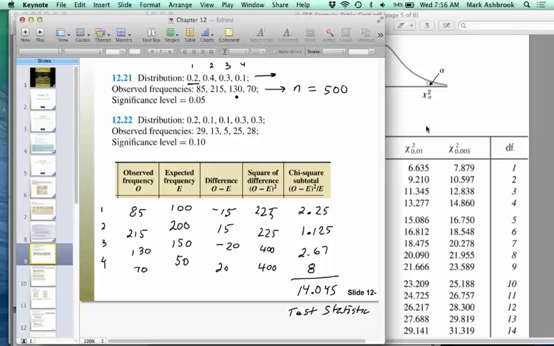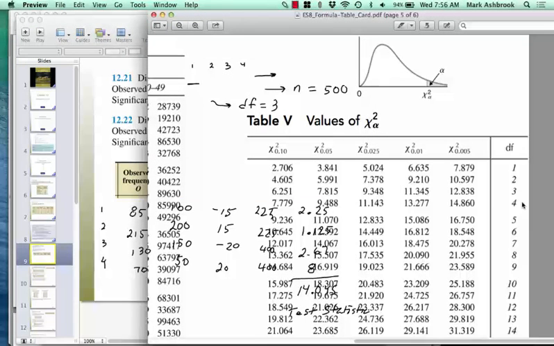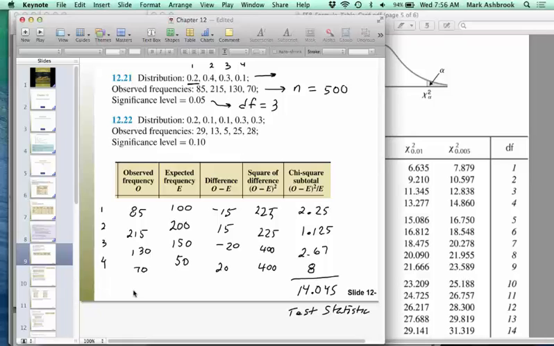So we're going to look at the 5% significance level, and how many degrees of freedom will we have? Again, 3 degrees of freedom, 1 less than the number of outcomes. So we go over here to the chi-square table. 7.815. So we'll make a little sketch.